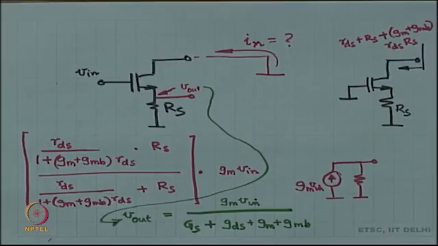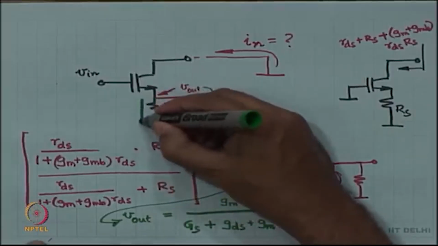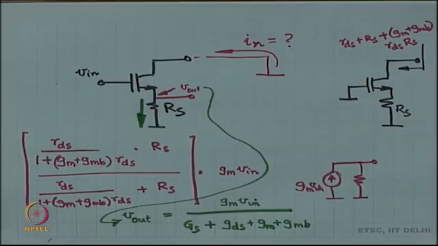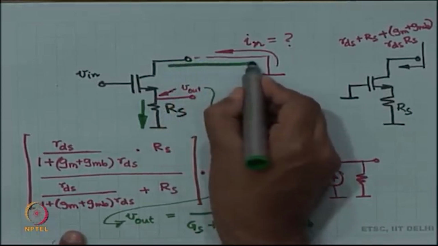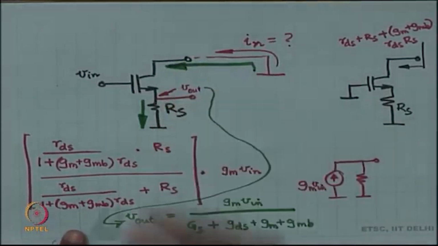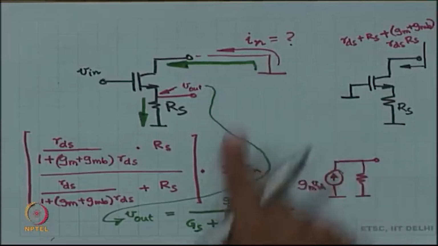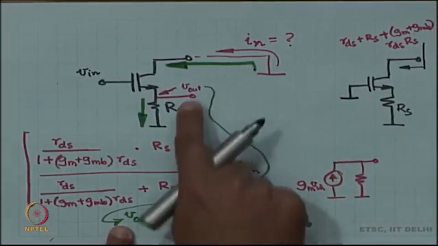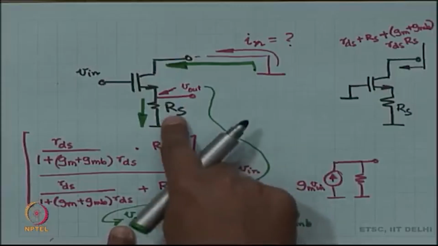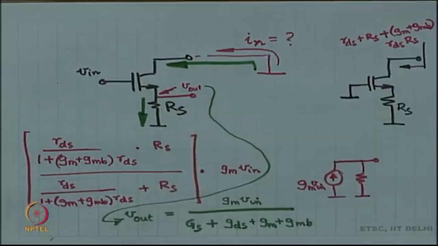So, if that is the voltage, then what is this current? That voltage divided by RS, and that is the same as this current IN. So, IN is nothing but this V out, this voltage over here, divided by RS or multiplied by GS, whichever way you want to look at it.